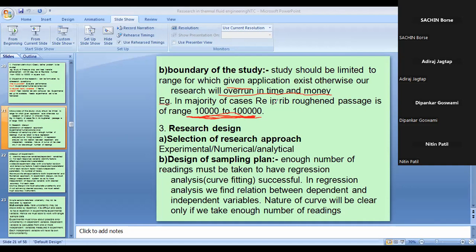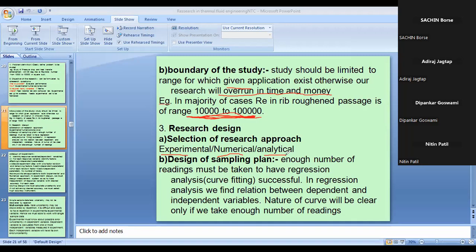Okay. In the research design, first you select the research approach. Like whether you want to do the experimental, numerical, or analytical work, or the combination. Okay.